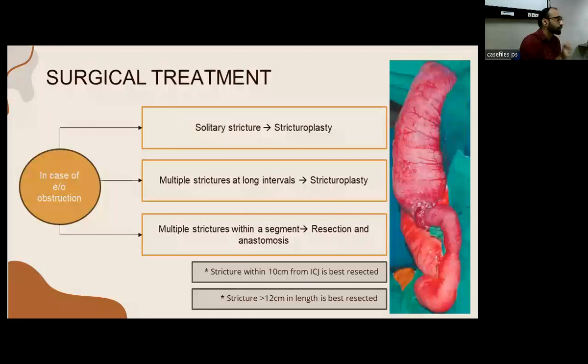If the stricture length is more than 20 centimeters... Even 5 centimeters. Sir, these are not written anywhere. The length is more than 3 centimeters.